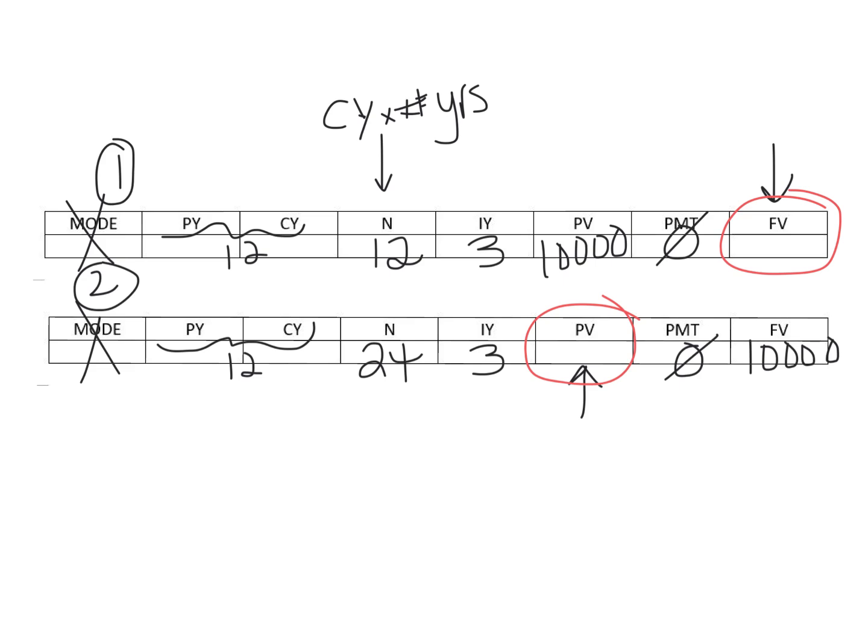When we do our calculation, we find that the $10,000 moving 1 year later will be valued at $10,304.16.